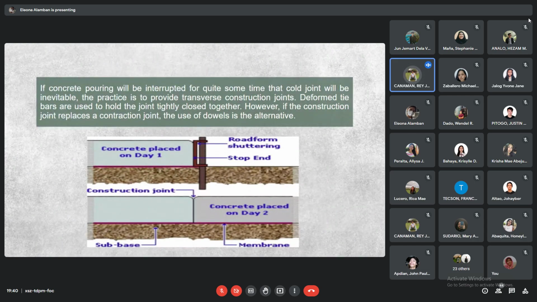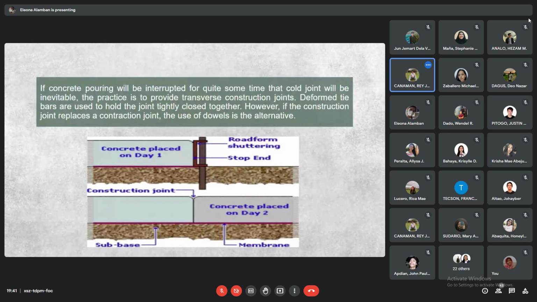So naay types sa construction joints, which is the butt type construction joints, the tongue and groove, the butt type with dowels, and the butt type with tie bars. So ang butt type construction joints kay one concrete slab is poured directly up to another concrete slab, and the connection at the top of the two slabs is edged for aesthetics. Then the tongue and groove type is a type of woodworking joint that simplifies the installation process of wood boards and materials.